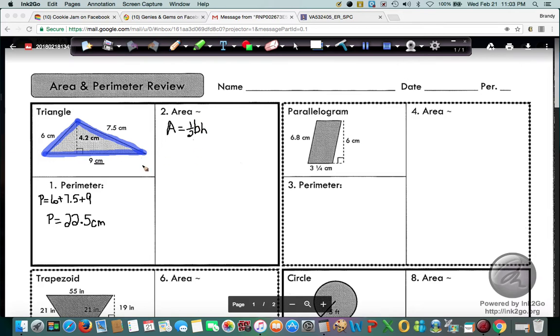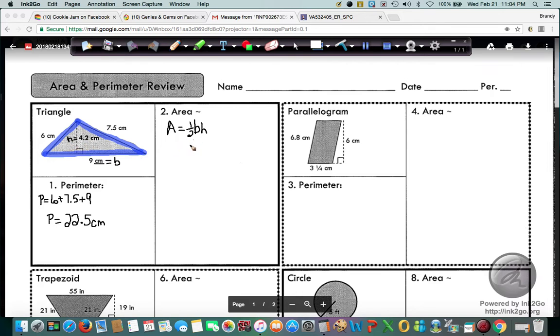Okay? And now let's label. So 1/2 stays the same, obviously. Our base is going to be the bottom edge, which is 9. So that's our base. And then please remember, our height has to be that vertical line right here. So 4.2, this is when we use that number. That is our height. Has to be the dotted line.